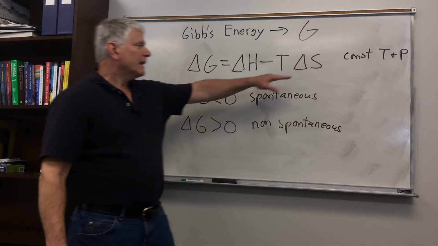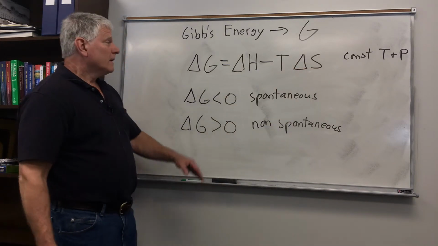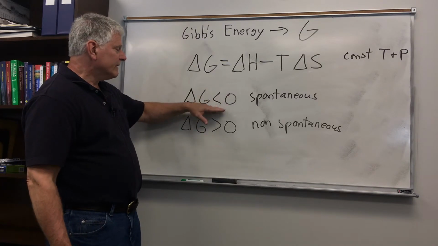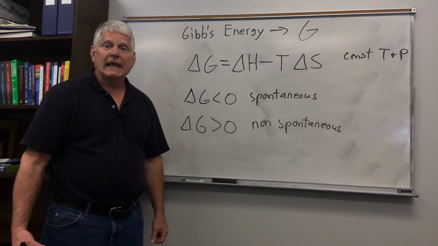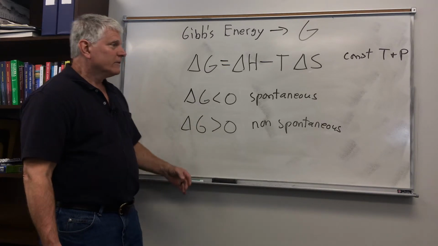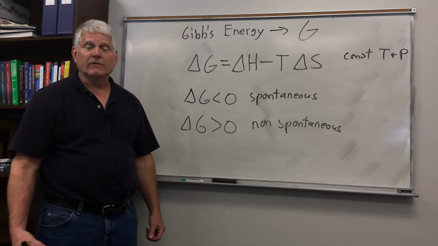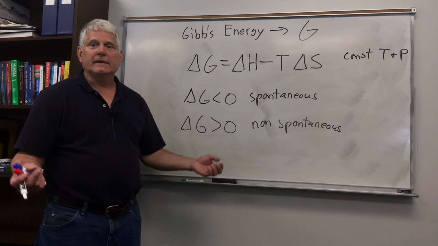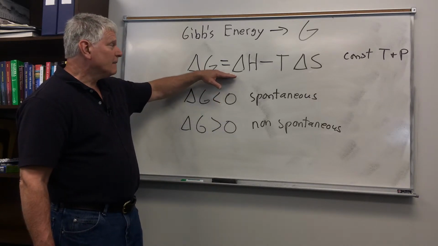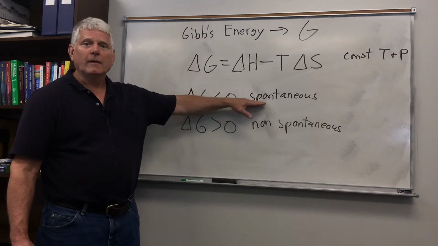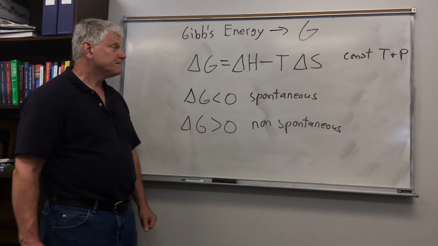Remember, delta S for the universe for a process has to be positive, and delta G can tell us if a specific process is spontaneous or not. Just like we could tell with intuition that me stepping off the top of a building and falling is spontaneous, or that temperature equilibration is spontaneous, we can use delta G as a predictor for more complicated processes to see if something's spontaneous or not.